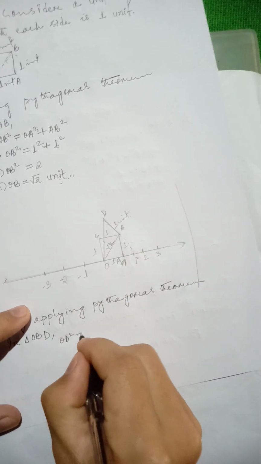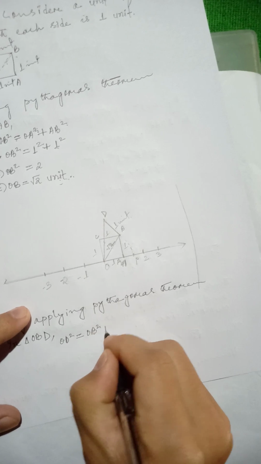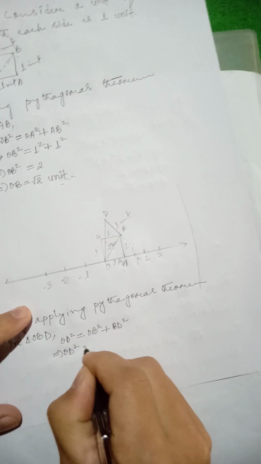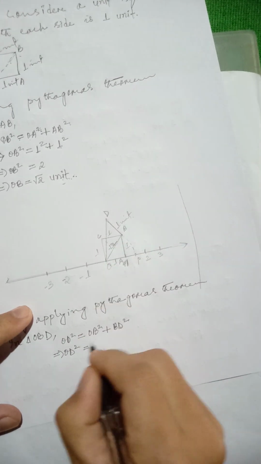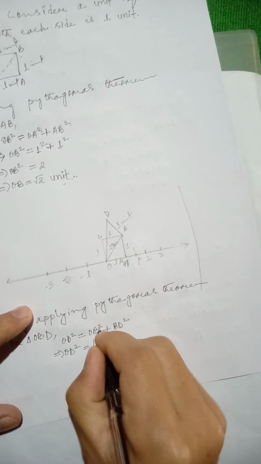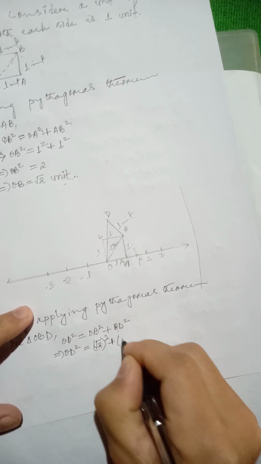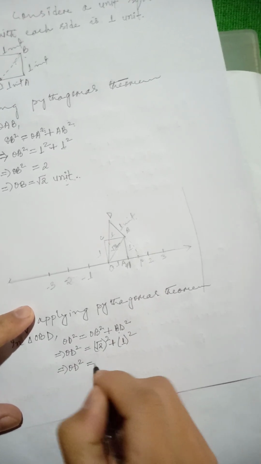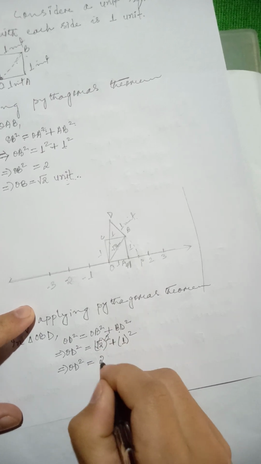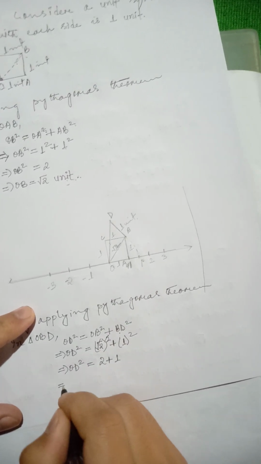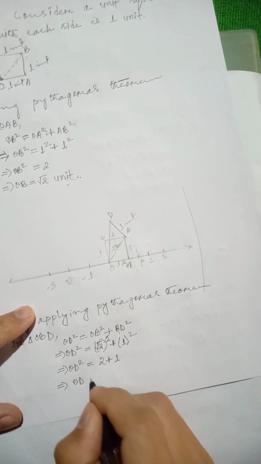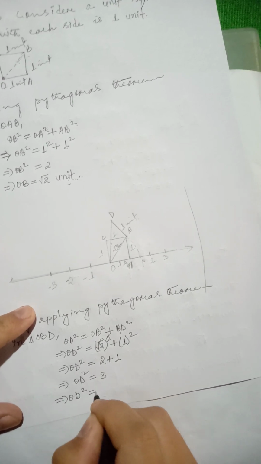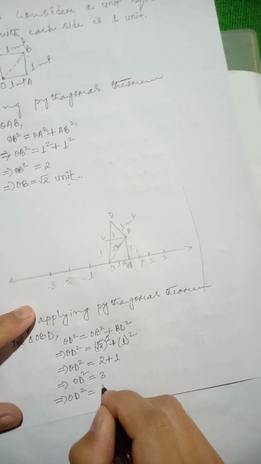That is OD. OD square equals OB square plus BD square. What is the value of OB? That is root 2. And BD is 1 unit. So OD square equals root 2 whole square plus 1 square, that is 2 plus 1, which is 3. If you move the square to the other side, it will be root 3, okay?